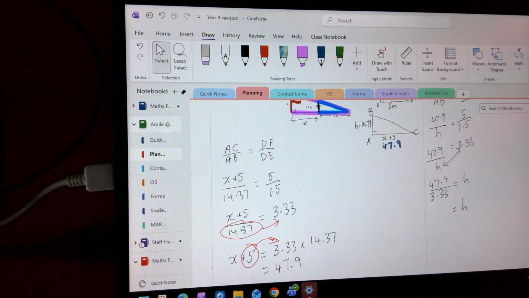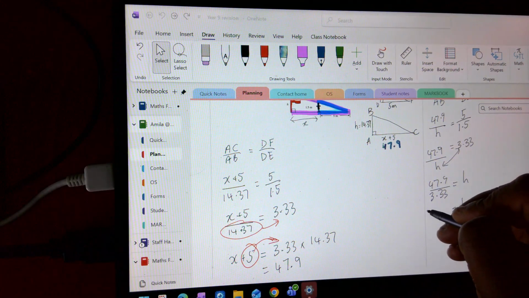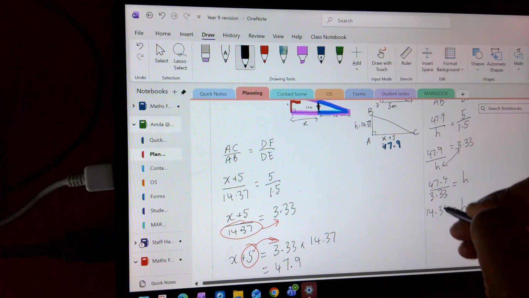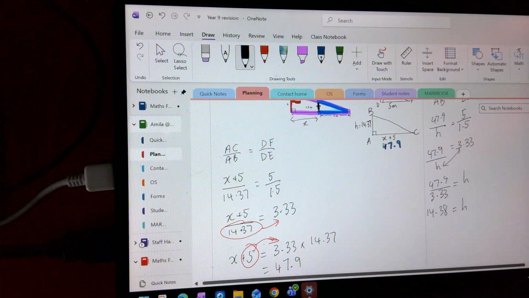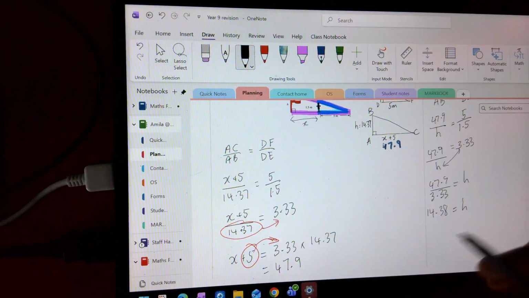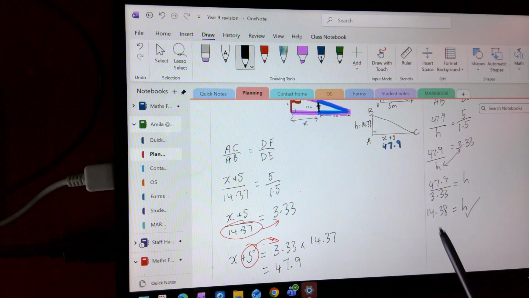It'd be really bad if it wasn't right. And I've got 14.38, because they've rounded using decimal places, so roughly that's approximately the correct answer. There's just a bit of rounding going on that makes that 14.38, not 14.37.